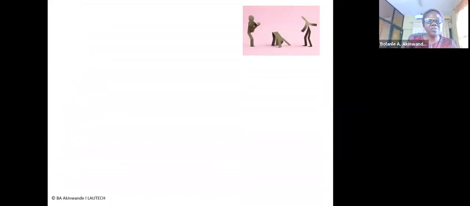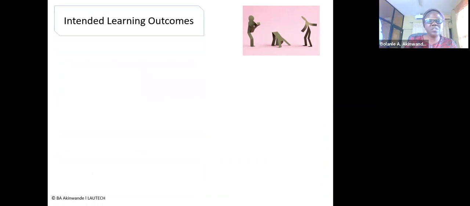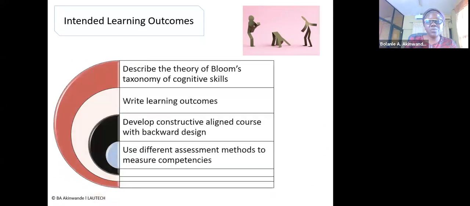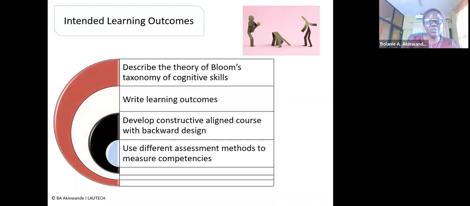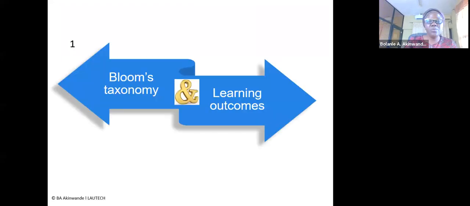At the end of this period, whoever listens to this presentation will be able to describe the theory of Bloom's taxonomy of cognitive skills, write learning outcomes, develop a constructively aligned course with backward design, and use different assessment methods to measure competencies. My first presentation will be on Bloom's taxonomy and learning outcomes.